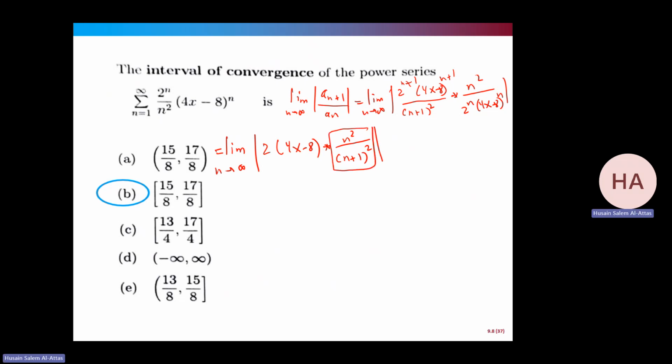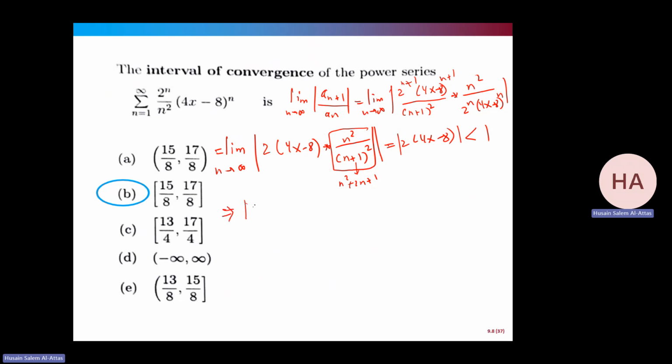Yeah, since this one is n squared plus 2n plus 1, the same degree, so the coefficient is 1 over 1. So I have 2 times |4x minus 8| less than 1. Okay, so I can take 4 as a common factor.